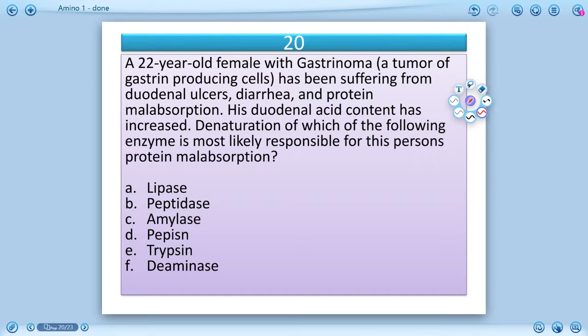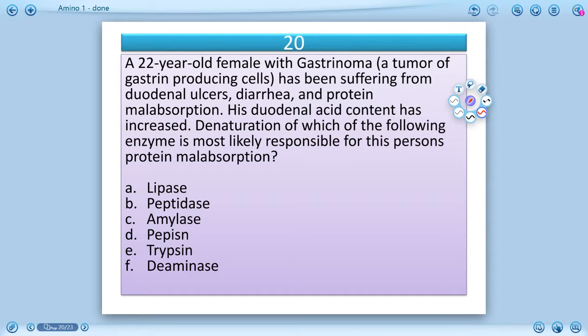The enzyme that activates all of them is trypsin. But trypsin itself is activated by enterokinase, or peptidase B, which is a duodenal brush border enzyme. So trypsin has to come in contact with enterokinase. When it becomes active, it will activate everything else, and itself as well.